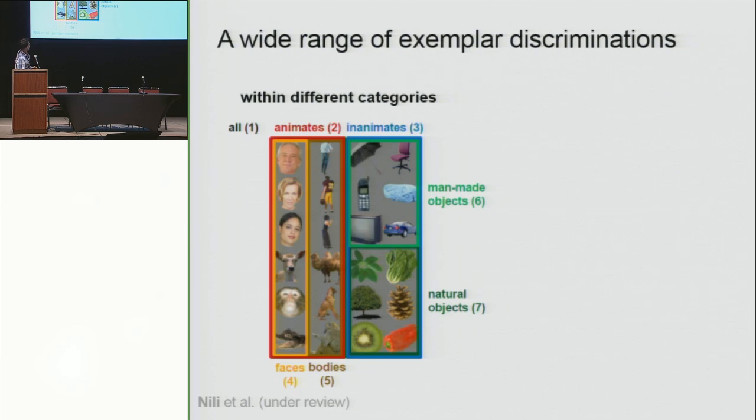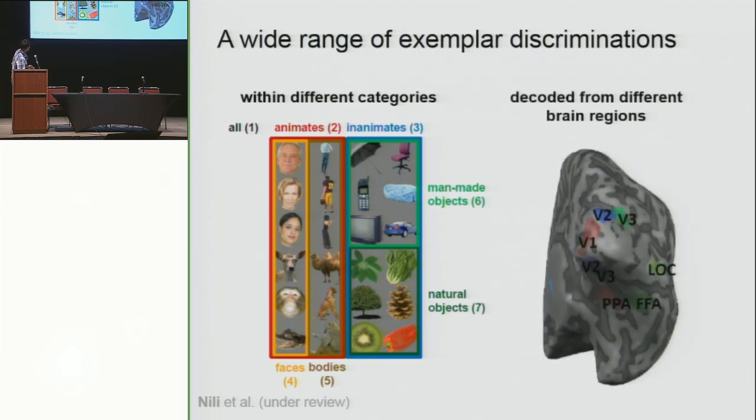So we looked at a data set where we had lots of different objects and lots of different categories, and we tried to decode every pair of categories, and every pair of exemplars, for each of a number of different brain regions. So we had lots of different scenarios, some of them easy decoding tasks, some of them hard decoding tasks, to test how well different measures work.